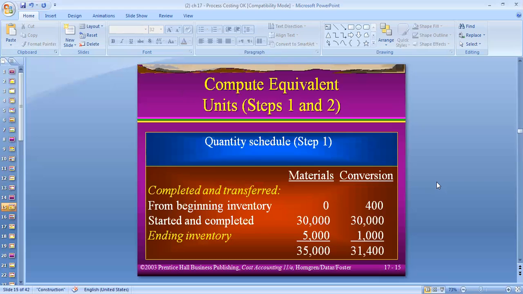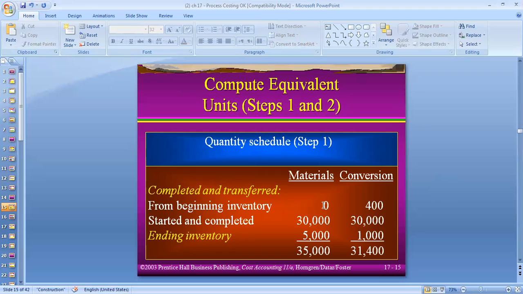Look with me. Quantity schedule, completed and transferred from beginning, 0 material. Why? Because the 1,000 multiplied by 0, because it is completed from the previous period, 100%. So it needs no material. So 1,000 times 0 gives 0.